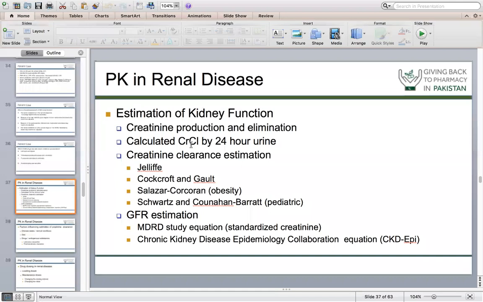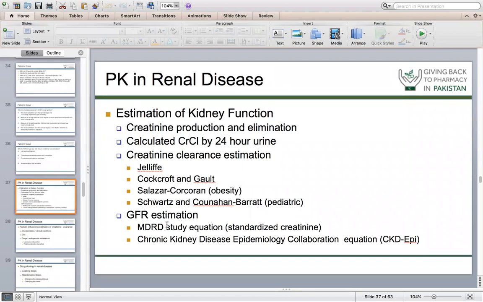Then we can substitute this creatinine value in many of the equations used to estimate creatinine clearance, like Jelliffe and Cockcroft-Gault, which is the most important equation. These equations are listed in your study material.